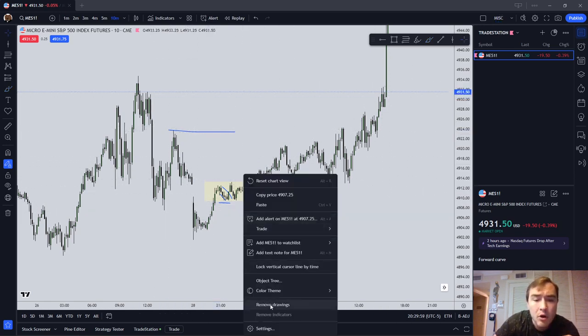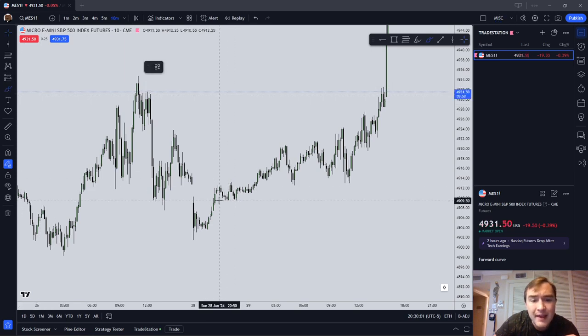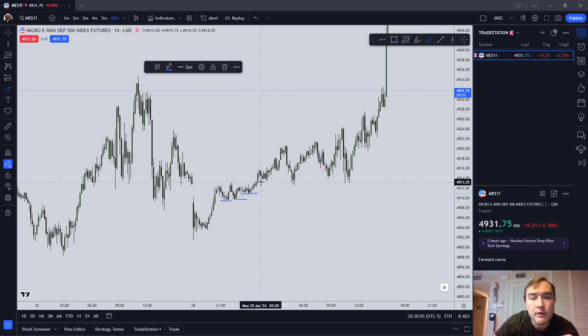Every time that the market moves down slightly, reaccumulation, reaccumulation, reaccumulation, ultimately until, again, reaccumulation here, we ran on short-term sell stops, we ran on short-term buy-side liquidity, we reaccumulated, and we ran on more buy-side liquidity.